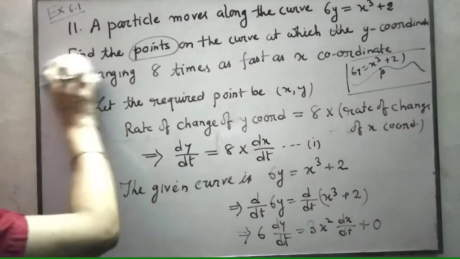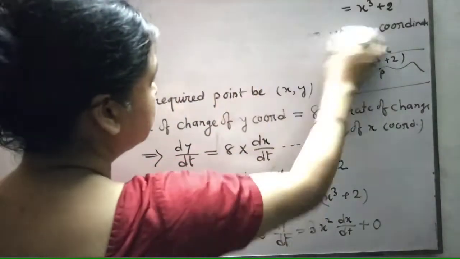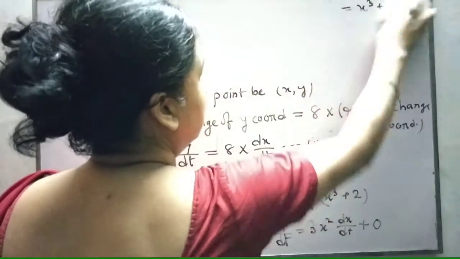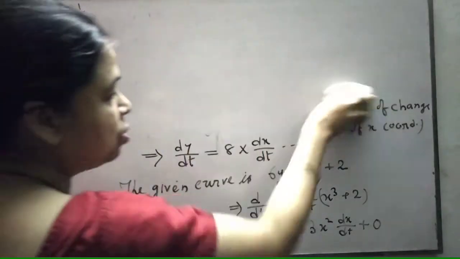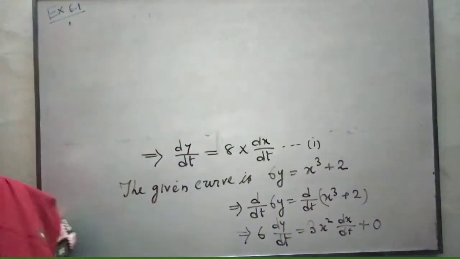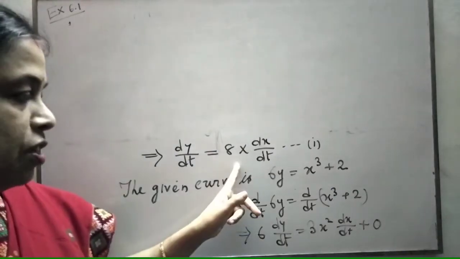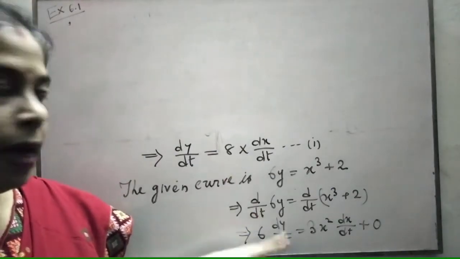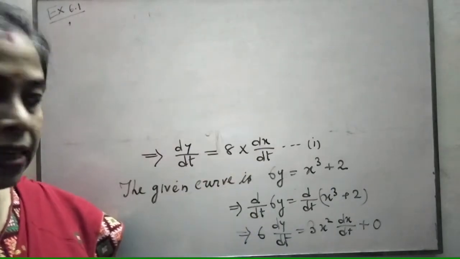I just wrap the question part, to write on the remaining part of the solution. The relation I keep here, and now I use this relation. In the place of dy/dt, I can put 8 times dx/dt.